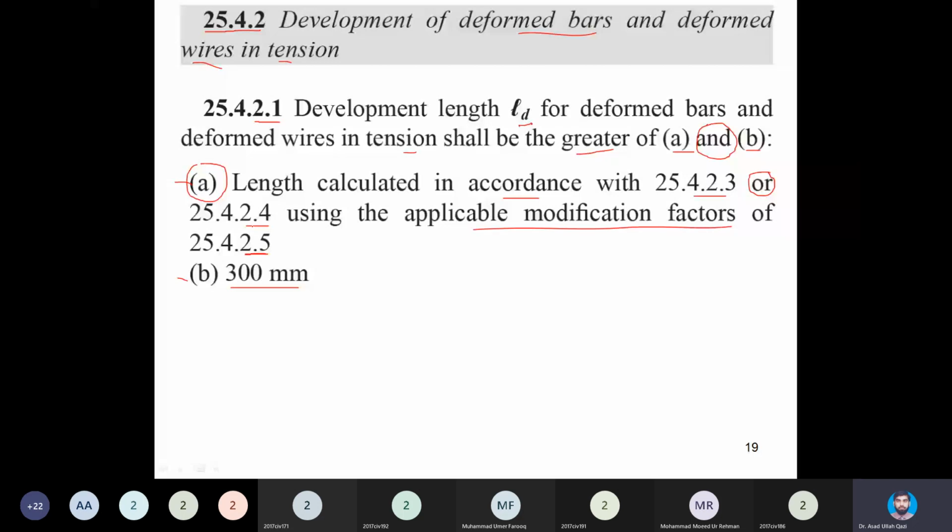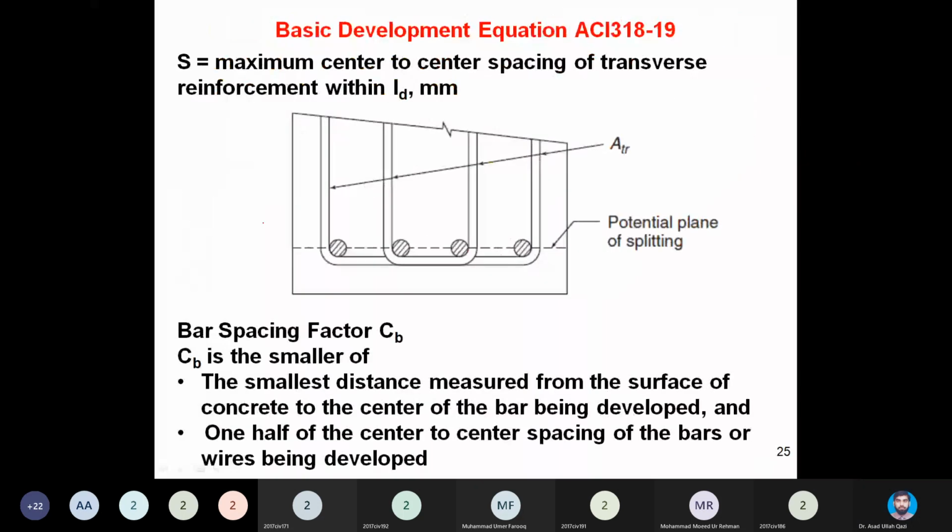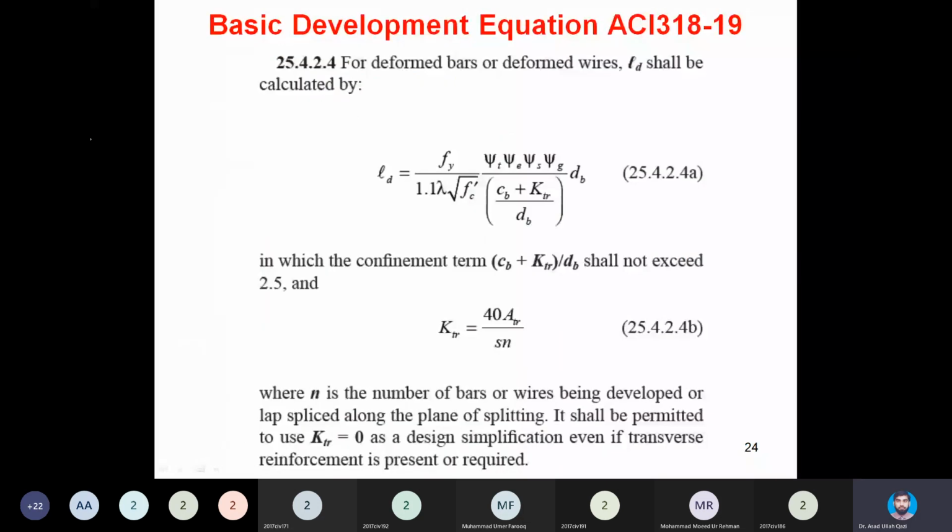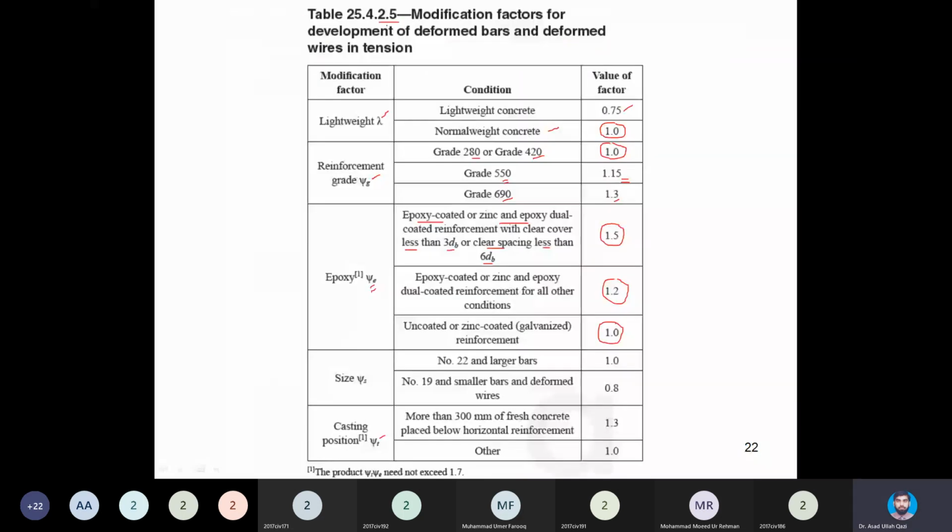In 2.4, this psi s is present, which has been summarized in the same table, 2.5. So psi s we will apply in the next equation, but just briefly I can introduce that this psi s actually addresses the size of the bar.